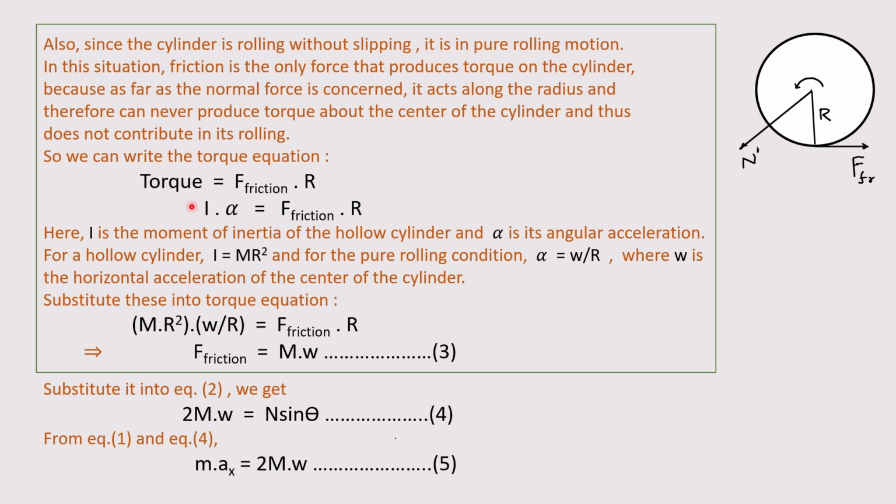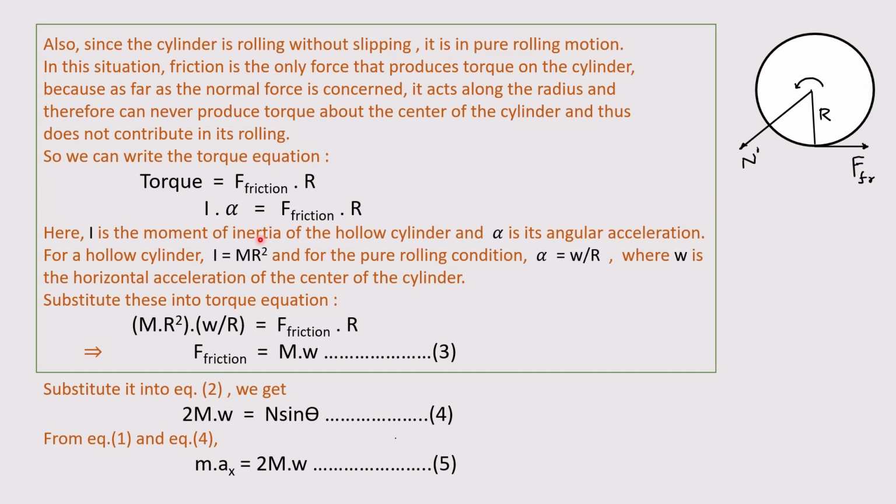And as we know, the torque is the product of the moment of inertia and the angular acceleration of the rolling body. So we can write it as I into alpha, where I is the moment of inertia of the hollow cylinder and alpha is its angular acceleration.